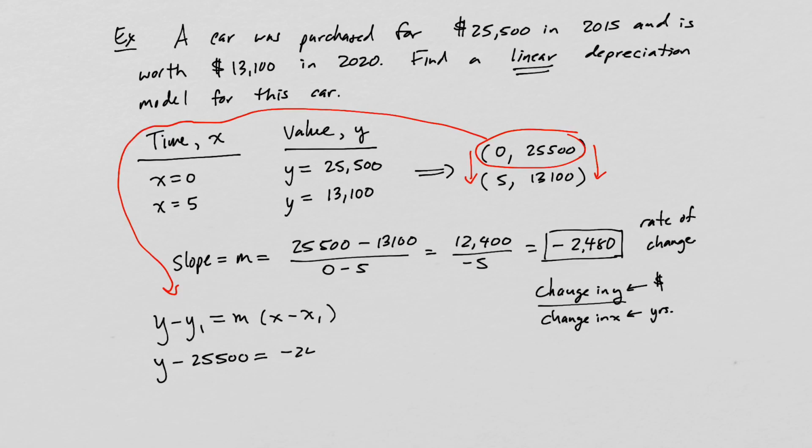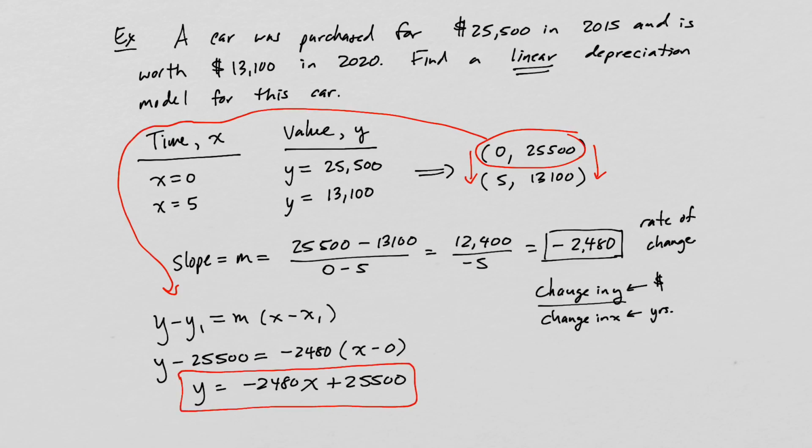Slope is negative 2480. And x1 is 0. And when you multiply this out and add 25,500 to both sides, you get a linear depreciation model for this car.